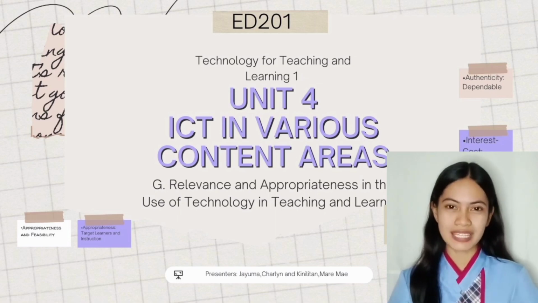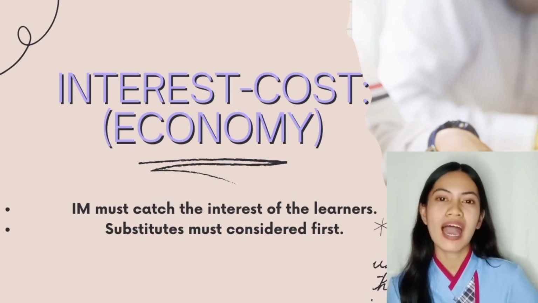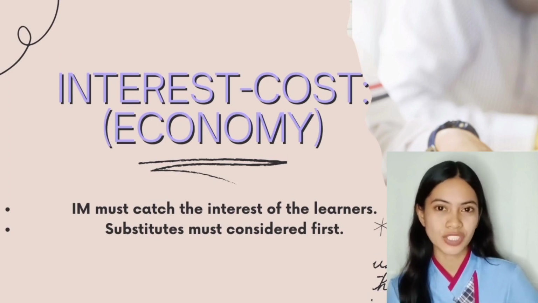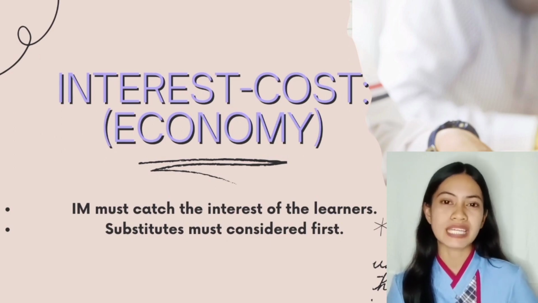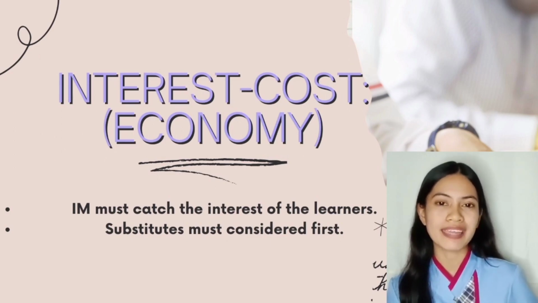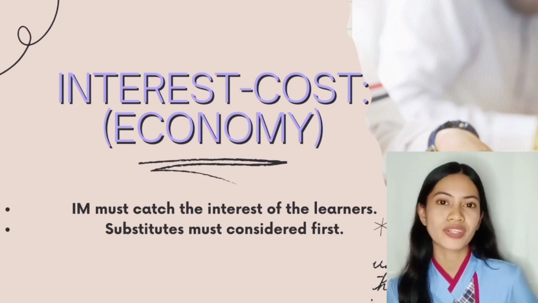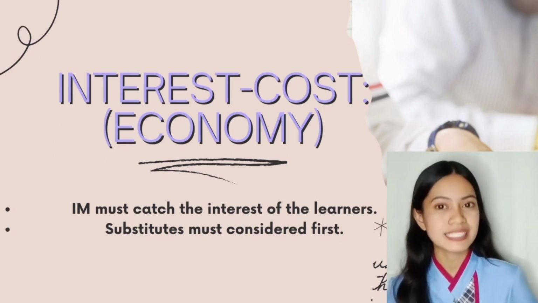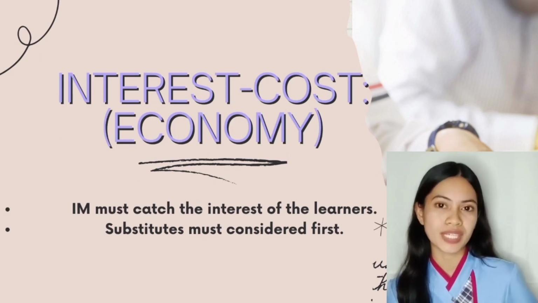The next one is interest, cost, economy. IMs must catch the interest of the learners. When we say interest, your IMs should be chosen objectively rather than based on the teacher's personal preference, since your subject learners are your students.